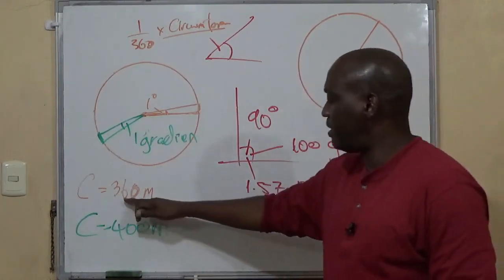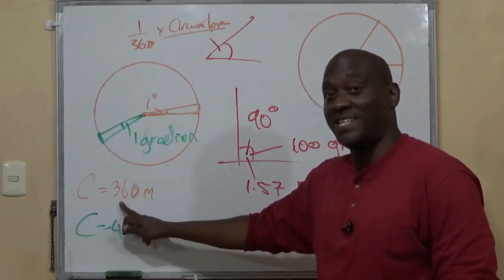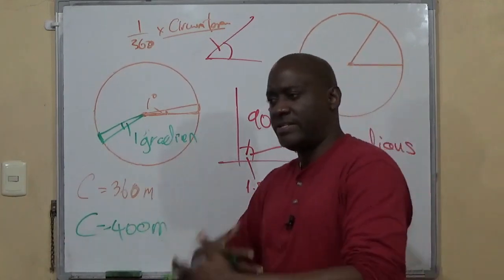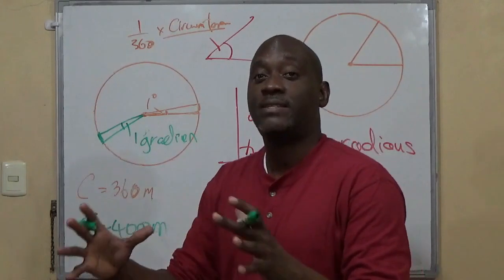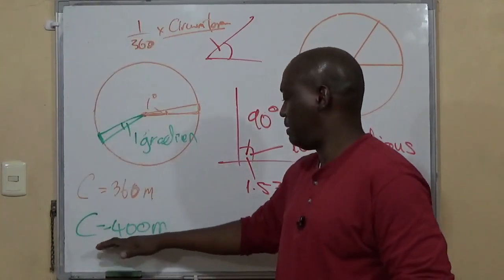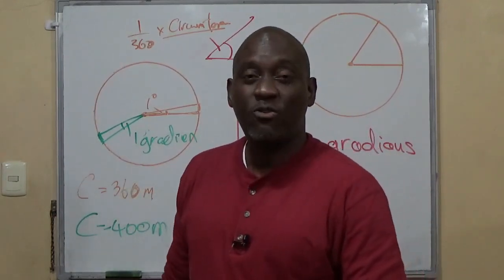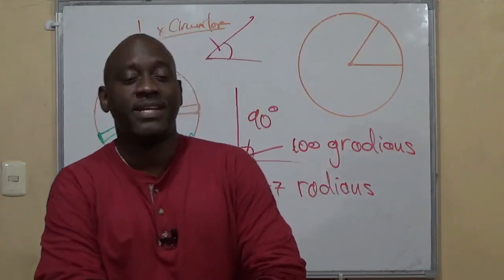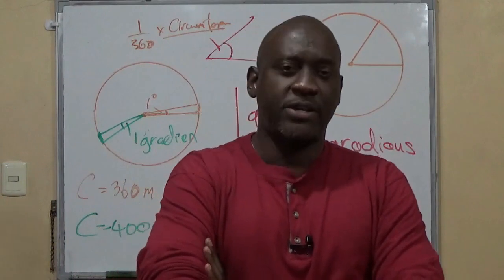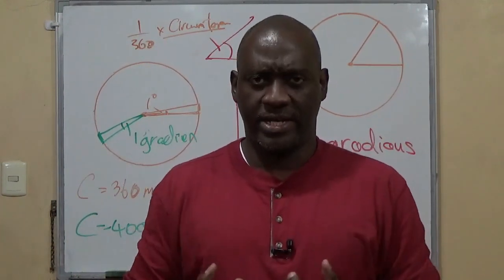Arbitrary, arbitrary. This one is even more arbitrary than the 360, because the 360 would have come out of certain observations and experiences that certain civilizations would have had way back whenever. This 400 is a little more arbitrary than this 360, but we won't get into that now. The radian, however, has absolutely no arbitrariness that we can ascribe to it.